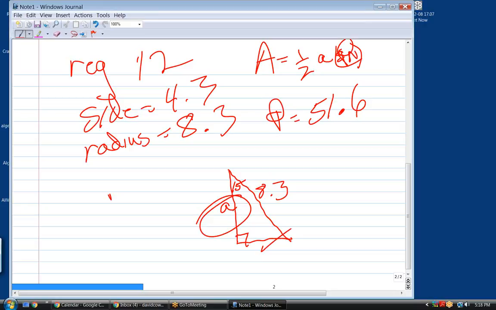So the cosine of 15 degrees equals, this is a little different because it's not 1, but it's the cosine of 15 equals A over 8.3.